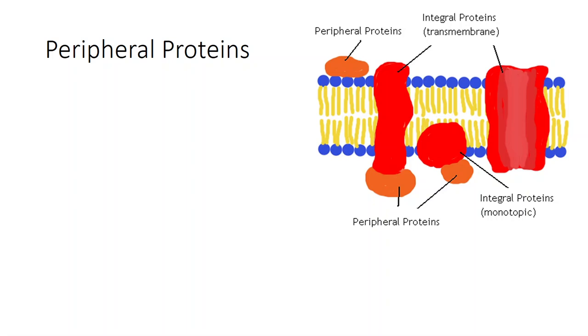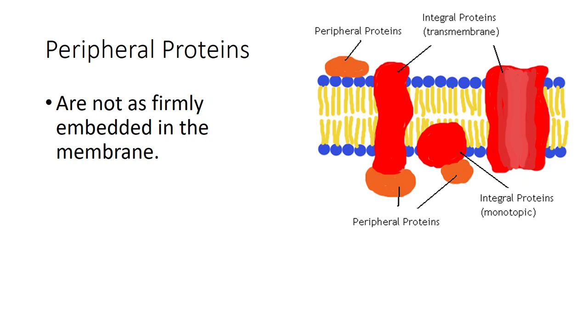Peripheral proteins are not as firmly embedded in the membrane. They are attached to the polar heads of the membrane lipids or to the integral proteins at the inner or outer surface of the membrane.